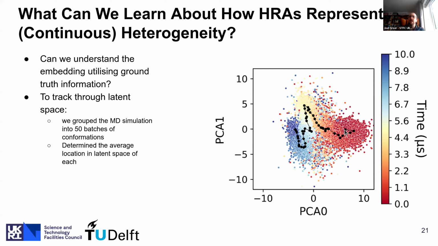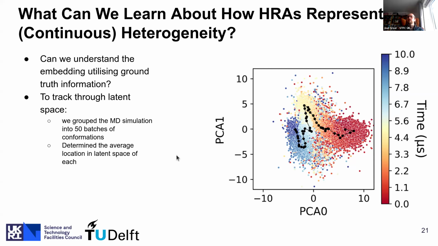So we've plotted these average positions in the latent space with these black dots here, tracing through from the start of the latent space, i.e. the first 2%, all the way through to the end.